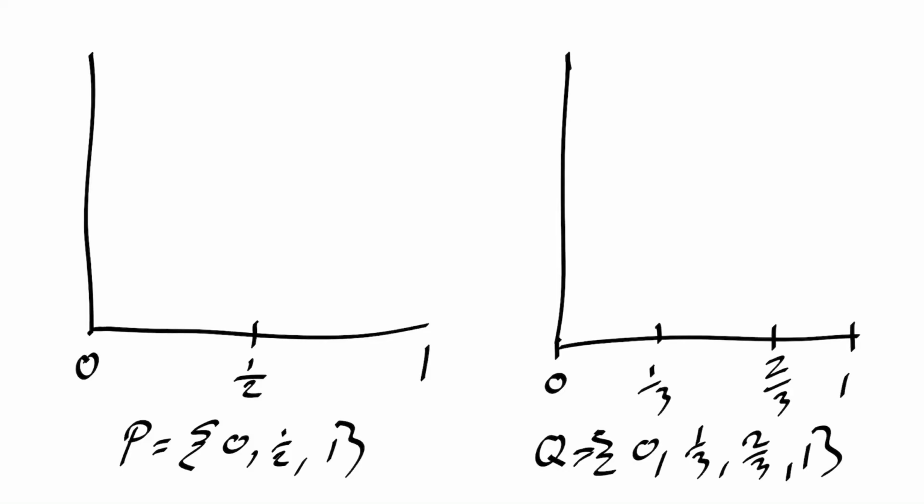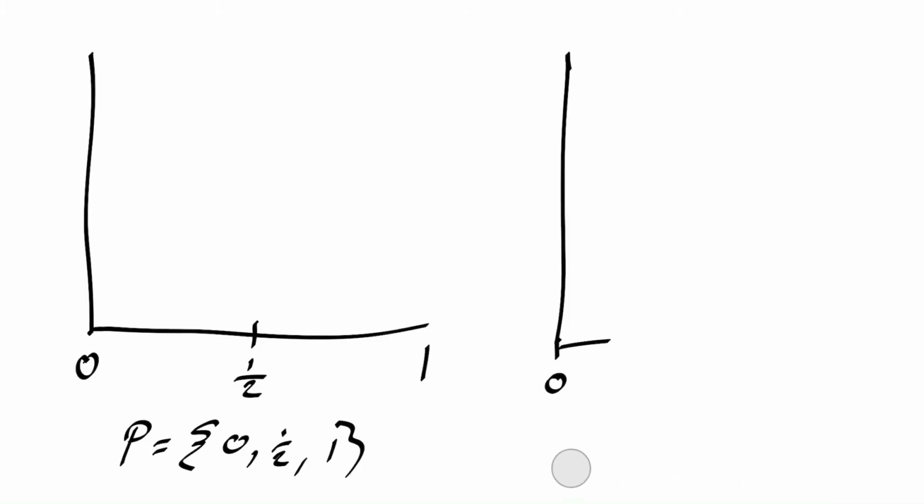So this is how I might write those two partitions down. And notice that there's no relationship between them. So P is not finer than Q, and Q is not finer than P. They're really not connected to each other in that way. I could, however, change my Q to be something different.